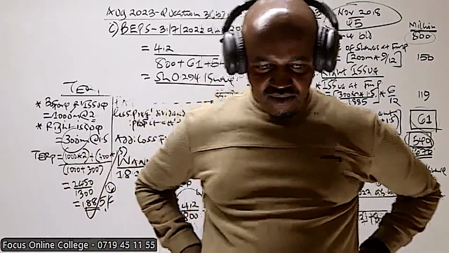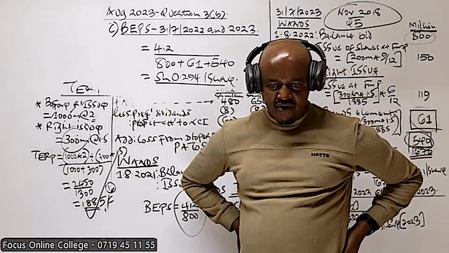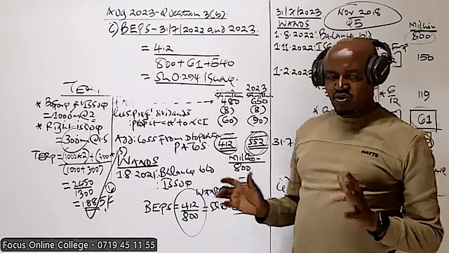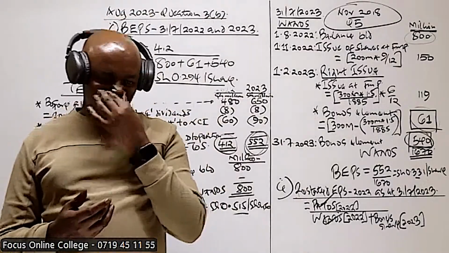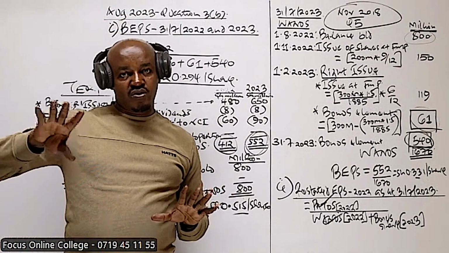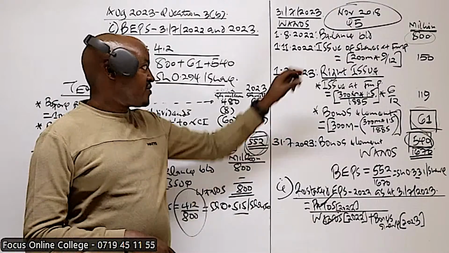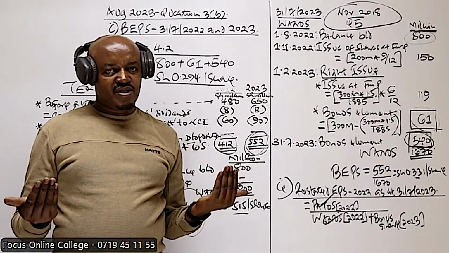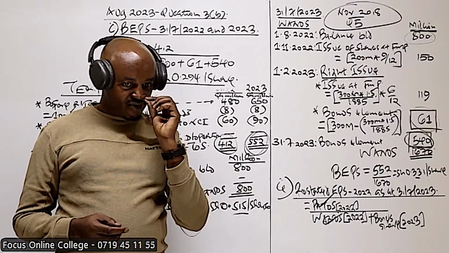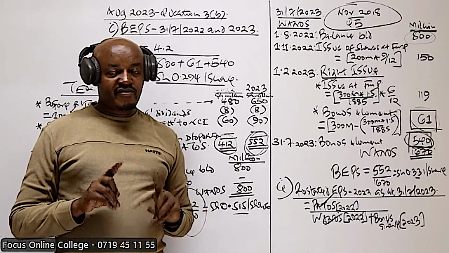So I think for today, we're going to stop at that point. There are so many questions on this from those past papers, including our sitting. But if you check on most of the questions, they require the computation of both basic and diluted. So the question which I've given here is purely on basic. I don't know whether the other question which Fred is proposing here has the aspect of diluted.